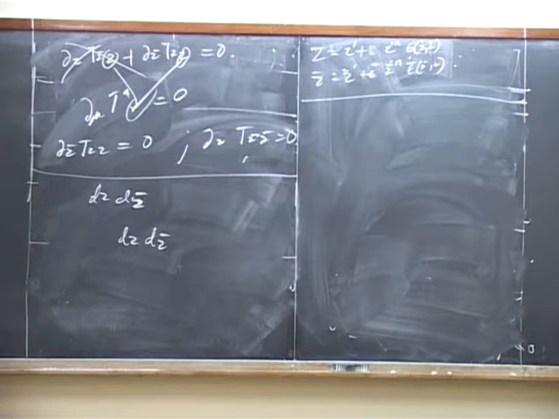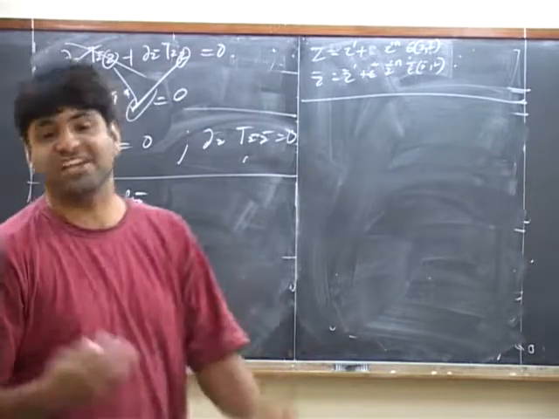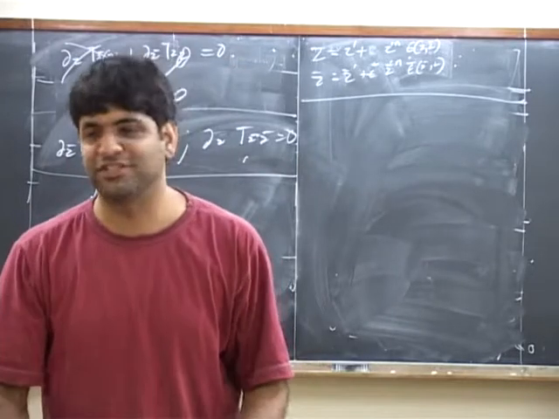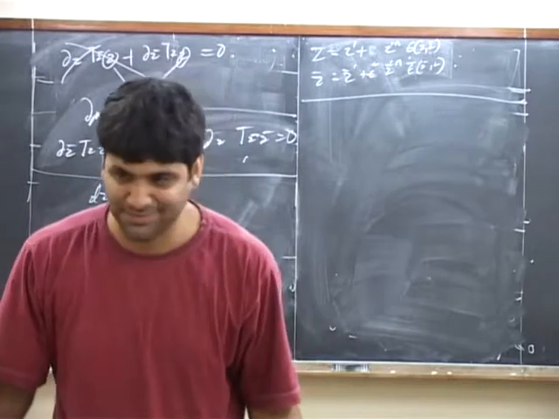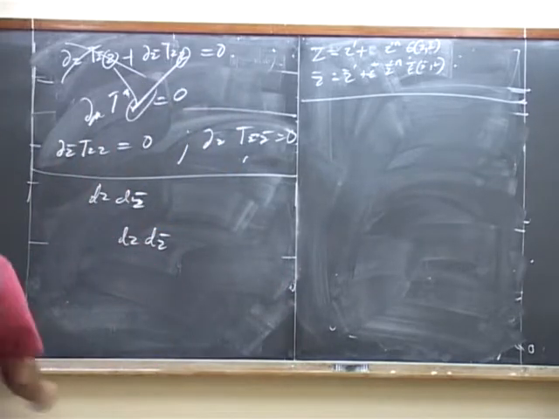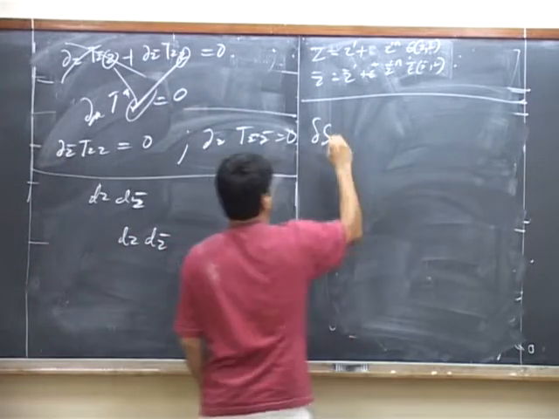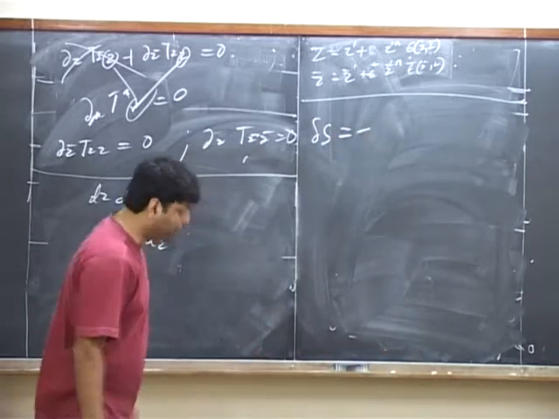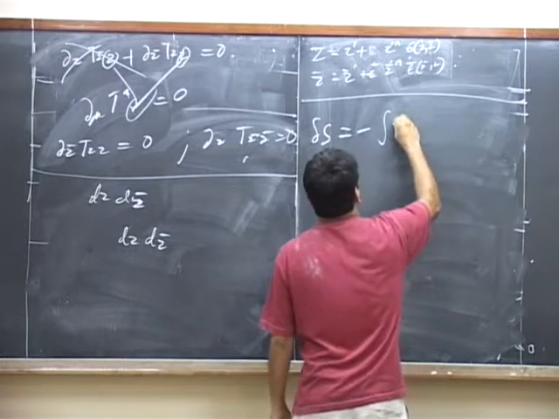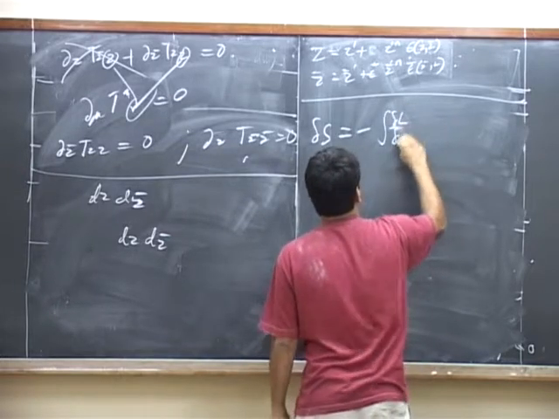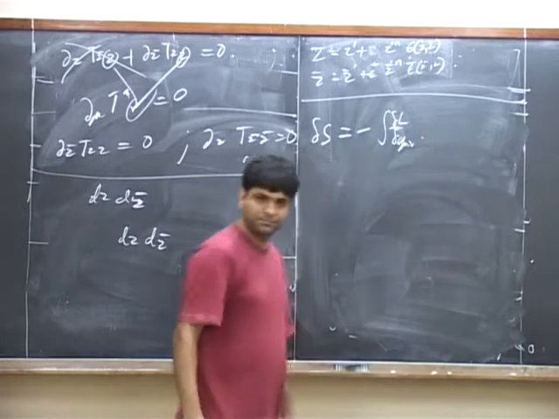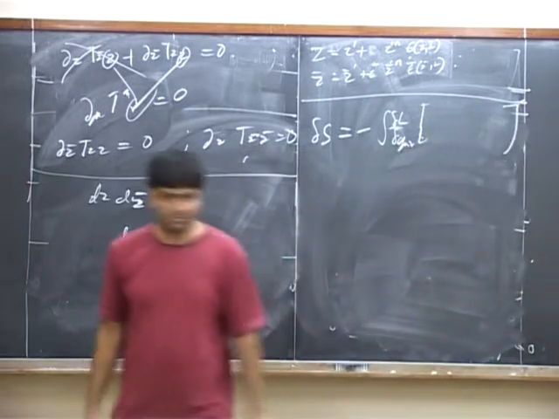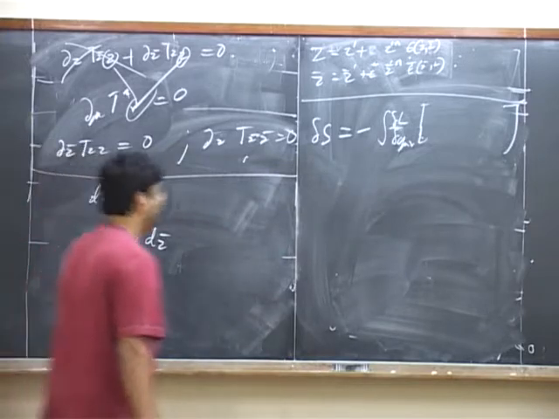Now we've got this coordinate change, and we want to see how the action has changed. The action has changed by minus the amount it would have changed by making the metric variation. So the change in the action is equal to minus del L by delta G mu nu times the change in the metric, and we use our earlier formula.